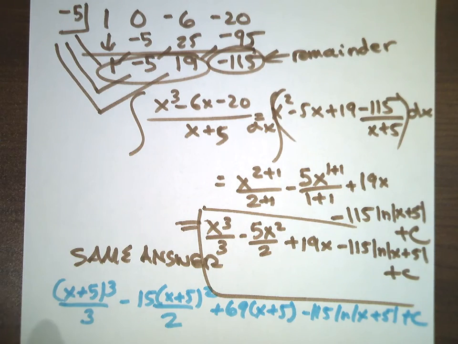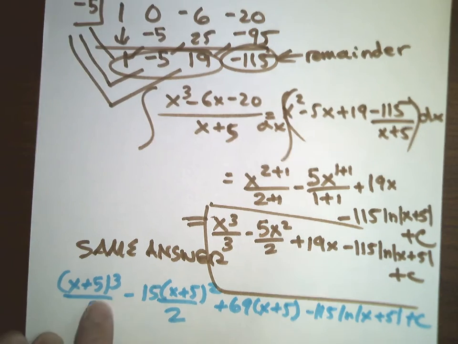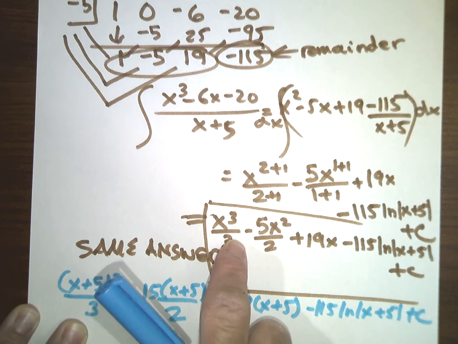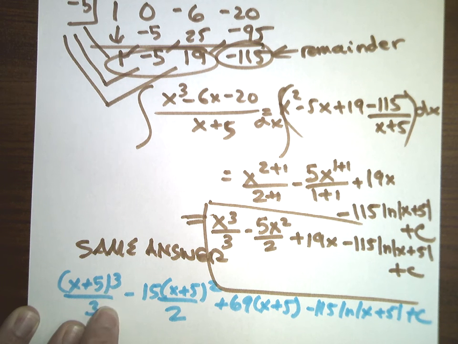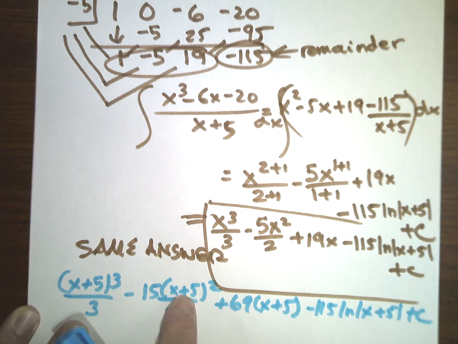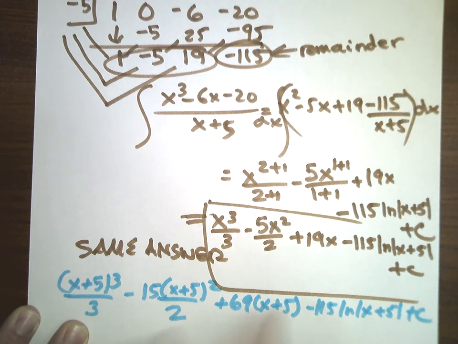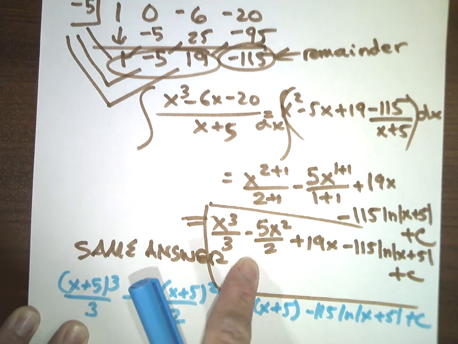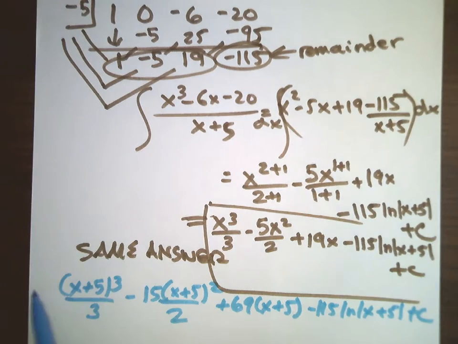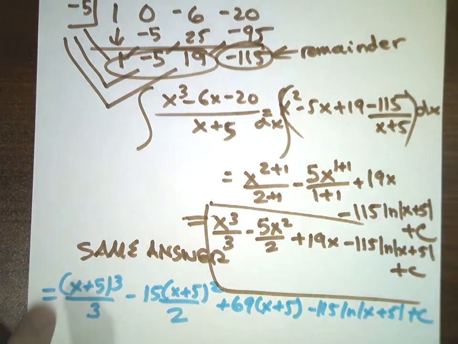All I had to do was long division, and these might not look the same, but you see that this is actually x over 3, and that's x plus 5 cubed over 3, right? So if you multiply these all out and recombine the like terms, you would end up with this. But you don't have to do that except for Howard. So no one else has to multiply this out and show that these are the same except for Howard.